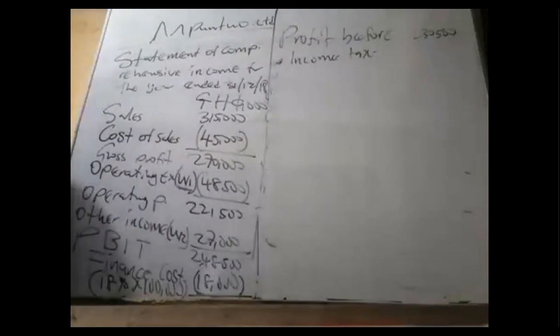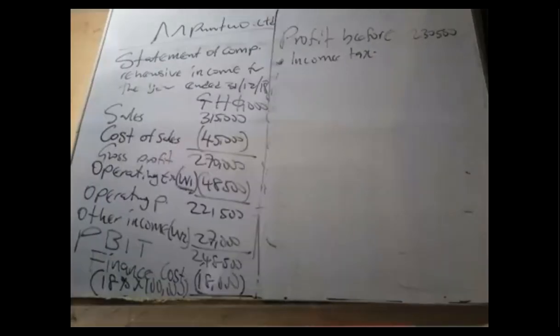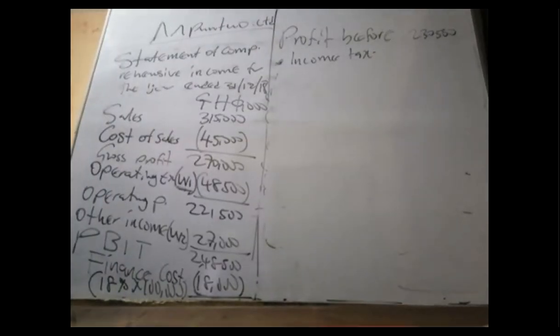Income tax. Let's go to the trial balance to see whether they have income tax there. Anywhere there's tax. Tax paid 3,000. Okay, it's only one, right? This one is tax. It's different from provision for deferred tax. Provision for deferred tax, let's treat as what? Non-current liability. So tax is 3,000.